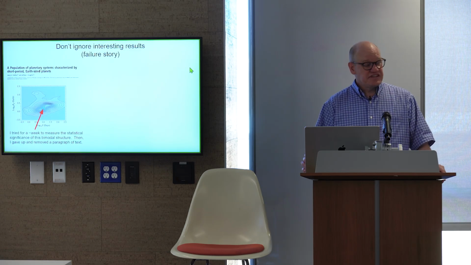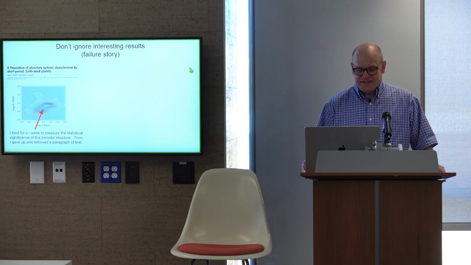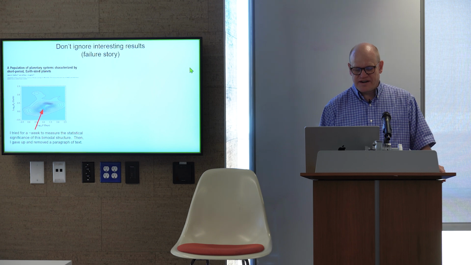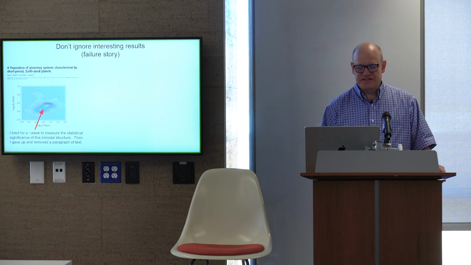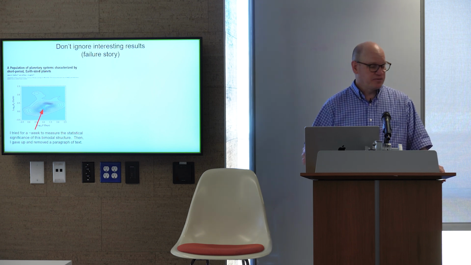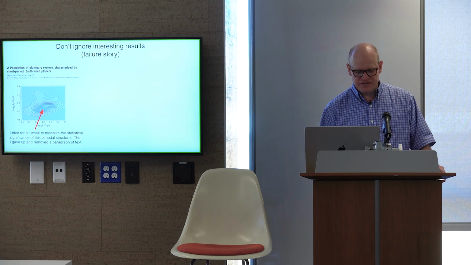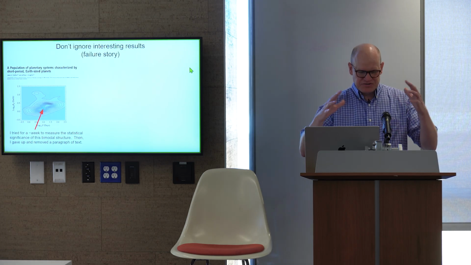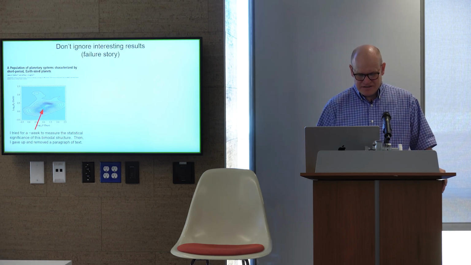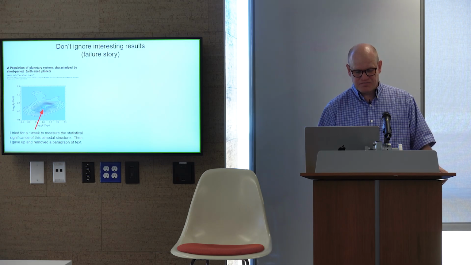So here's an example of a failure of mine where I had an interesting result and I did not follow up with a subsequent paper. On the figure that's shown here, you see this blob, a multi-dimensional kernel density estimator of the distribution of planets, with planet size on the vertical axis and orbital period on the horizontal axis.